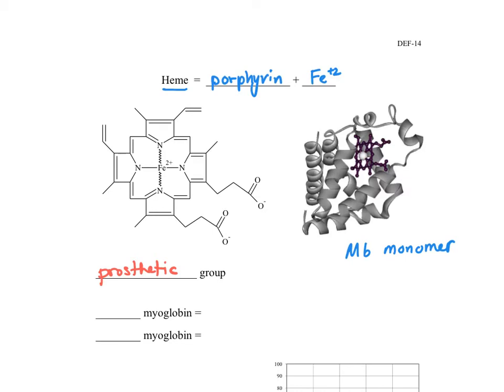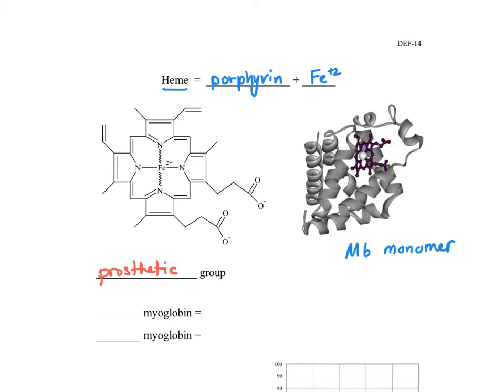So we add this prosthetic group, and what you can see is that it slides right down in the interior of myoglobin. Maybe you can't see that, but the nonpolar portion is going to slide right into the center where the nonpolar amino acids are. And there's the iron right there. That's where oxygen is going to bind.